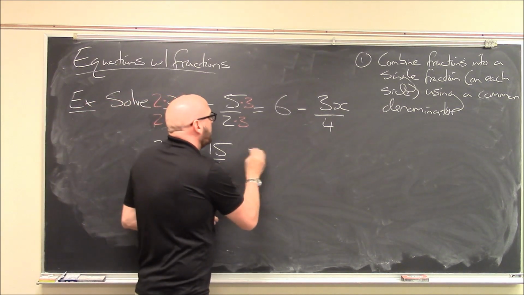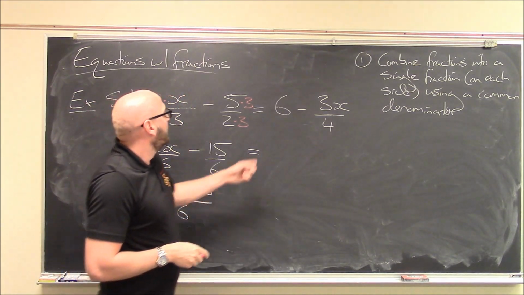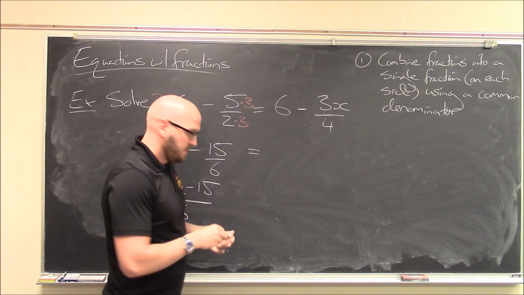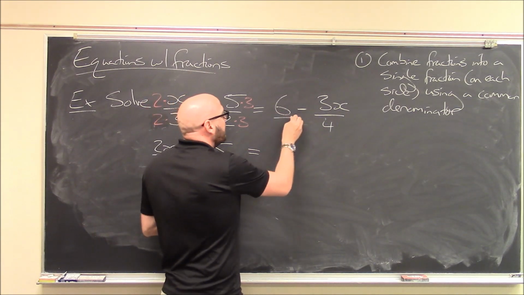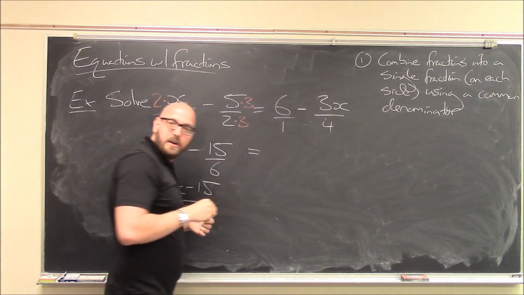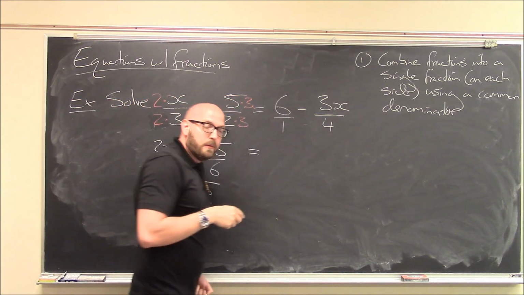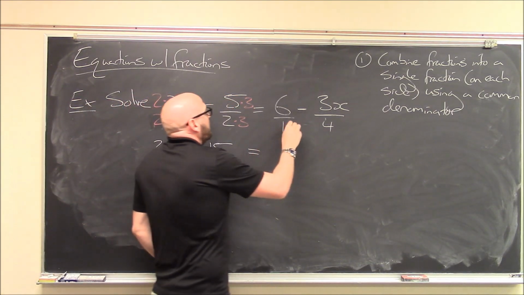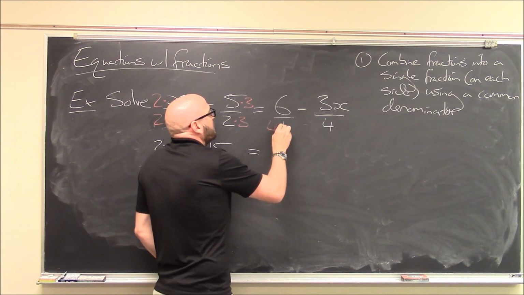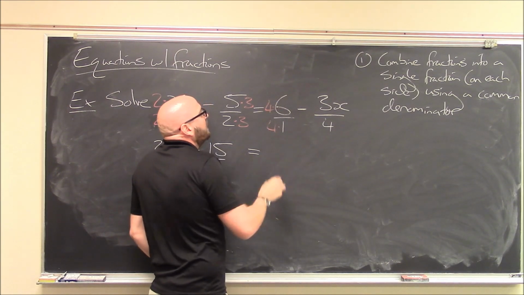I'm going to do the same thing on the right. I want a common denominator over here. Well, I haven't written this, but when you write 6, it's really 6 over 1, right? So I want a common denominator, and the least common multiple between 1 and 4 is 4. So we'll multiply the bottom by 4 and the top by 4.